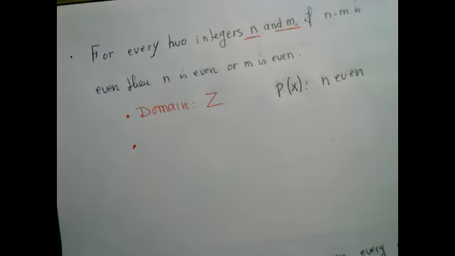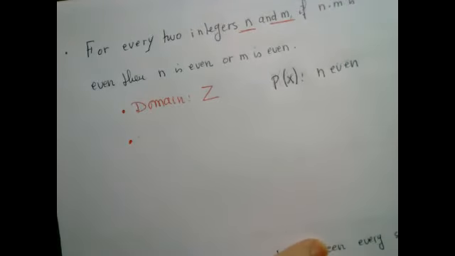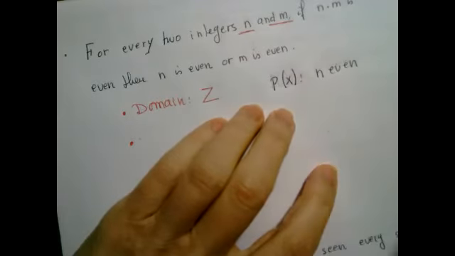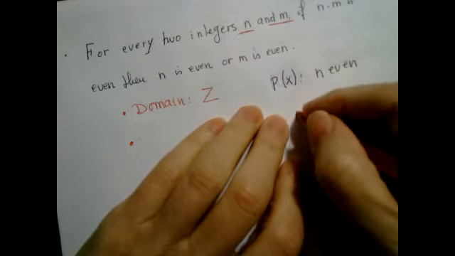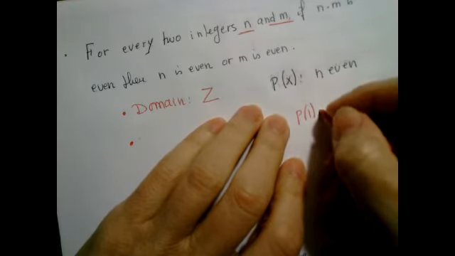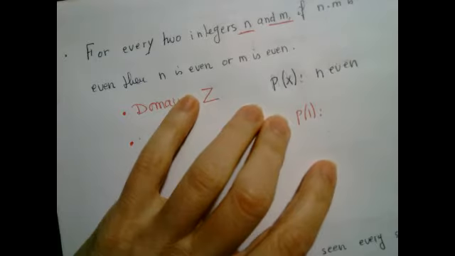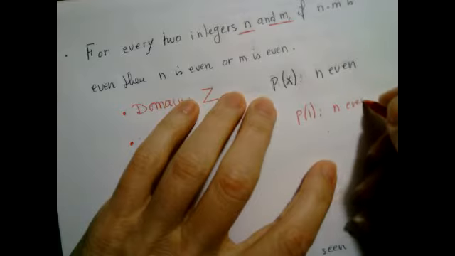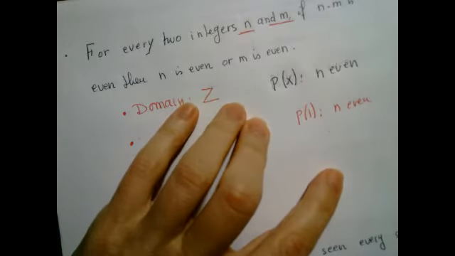Applying one argument that n is even and it ignores the m. So if a student were to write this for me, what does P of 1 mean according to the student? Right, according to the student, this would read "an even," which as far as I'm concerned, that's not a statement. This doesn't make any sense to me.